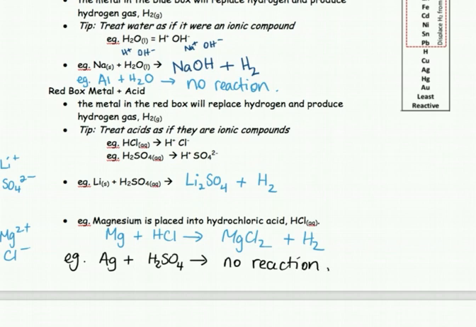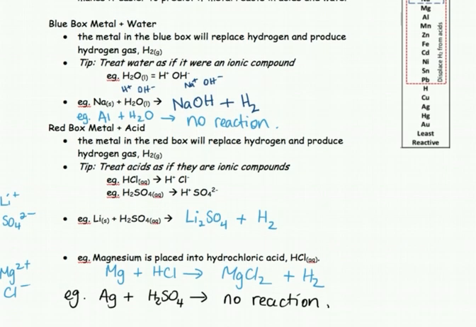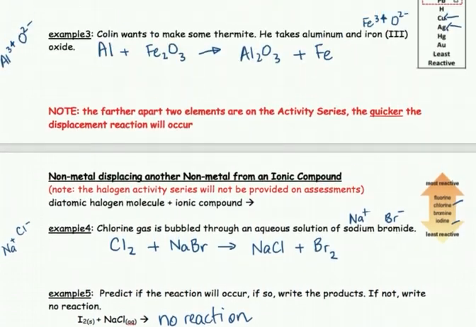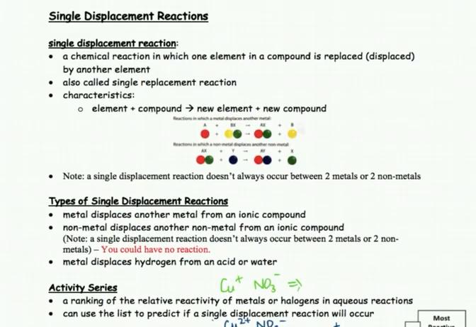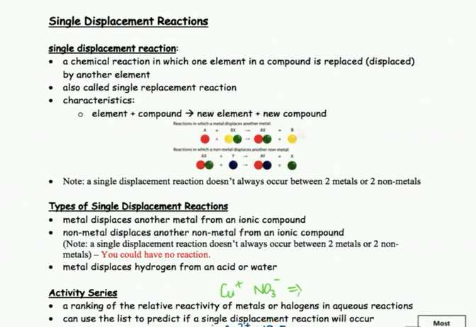Okay, all right, so there is the single displacement lesson for today. So if you take a look here, just an overview. Again, you learned last year pretty much how to identify a single displacement reaction, given clues. If an element came in and pushed out the other element, then you just labeled it as a single displacement reaction.